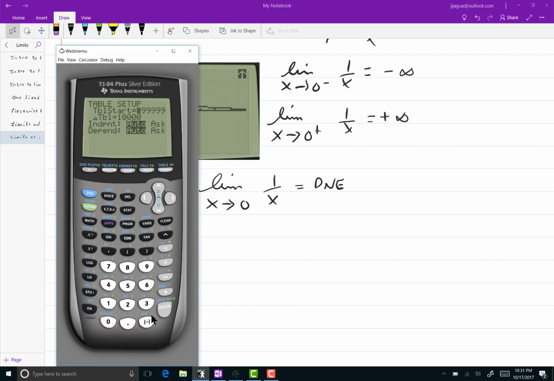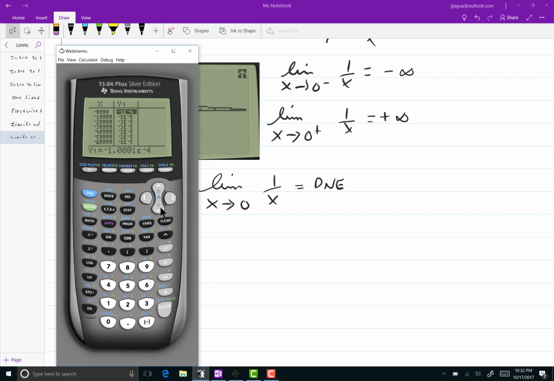Now, while I'm here, let me look at the other side. That's as x goes to negative infinity. So I'll put -9999. And I have to increment by a negative amount too. So basically I'm playing the same game except I'm doing negatives. Now let's take a look at the table values again. Move over.